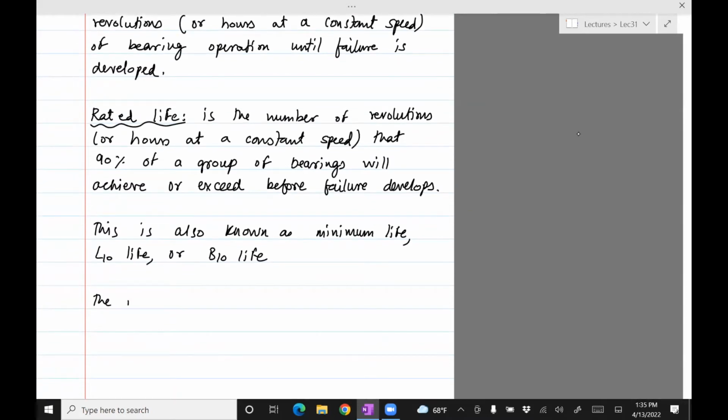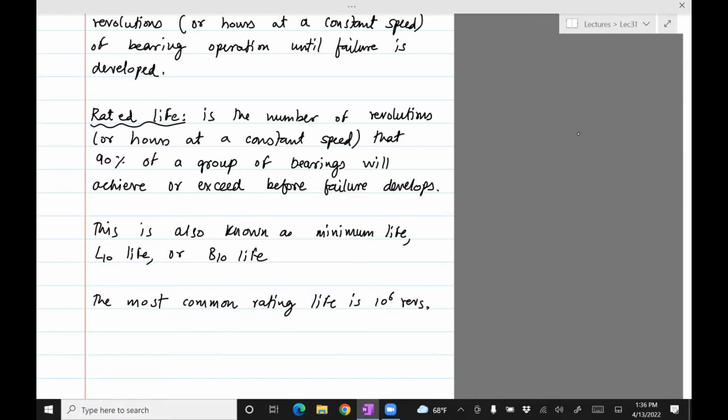So the most common rating life is what we've seen before, 10⁶ revolutions. Okay, so here's the thing.